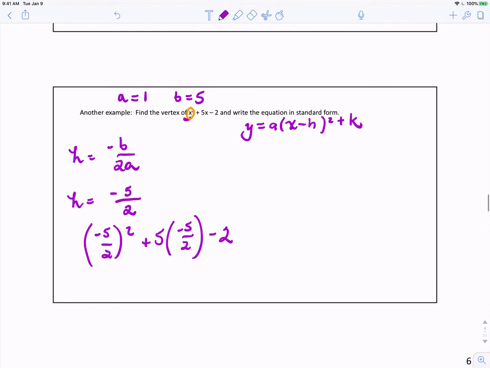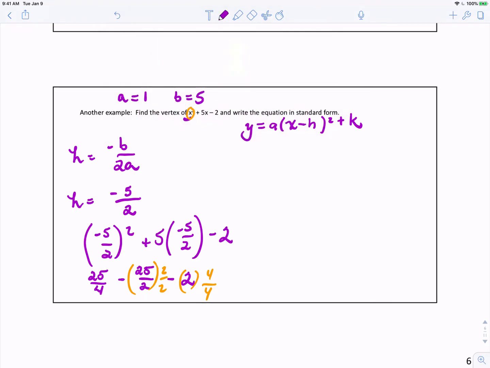Okay, so here we go. Negative 5 halves squared is 25 fourths minus 25 over 2 minus 2. And again, if you're bothered by the fractions, just work in decimals. That's perfectly fine. I'm just going to stay in fractions because I'm in fractions right now. So a common denominator is going to be 4. I'm going to multiply this one by 2 over 2. I'm going to multiply this one by 4 over 4.